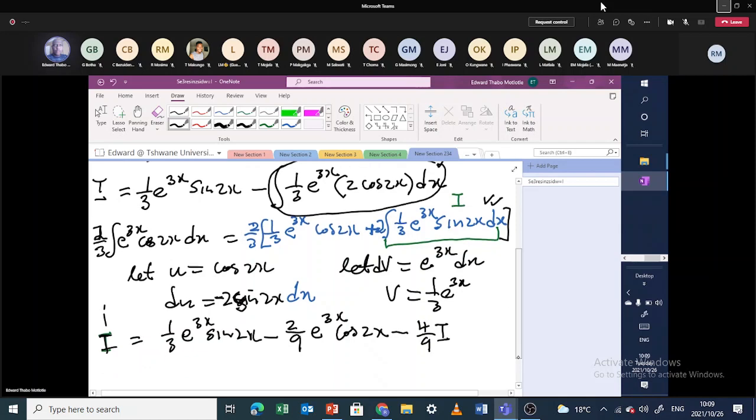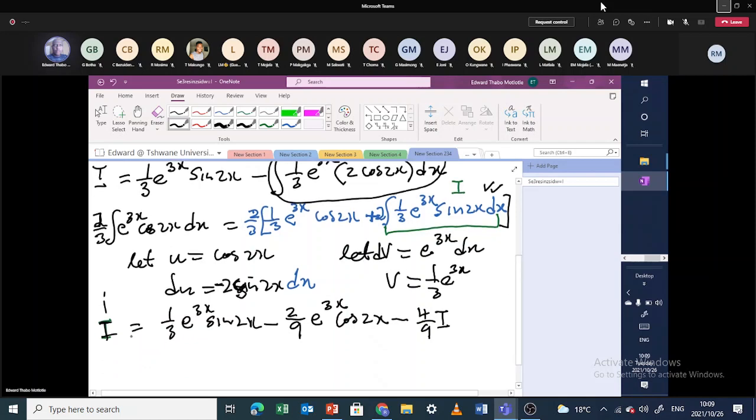Now we have I plus 4 over 9 I is equal to 1 over 3 e to the power 3x sine 2x minus 2 over 9 e to the power 3x cos 2x.